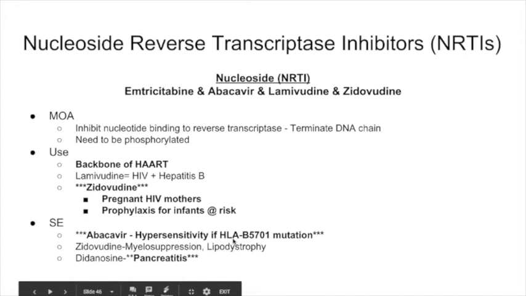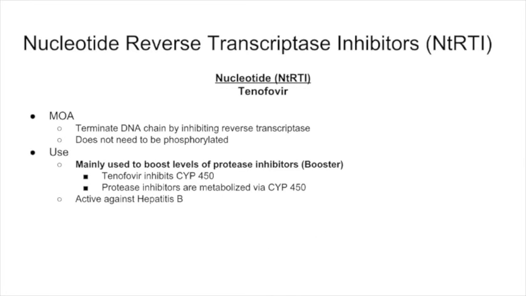And lipodystrophy is just a fancy word meaning that the fat is redistributed from different places, from the face to, for example, the trunk. Didanosine is an NRTI, and didanosine is important because it has the side effect of pancreatitis. While it's not very important clinically, it shows up on test exams all the time.